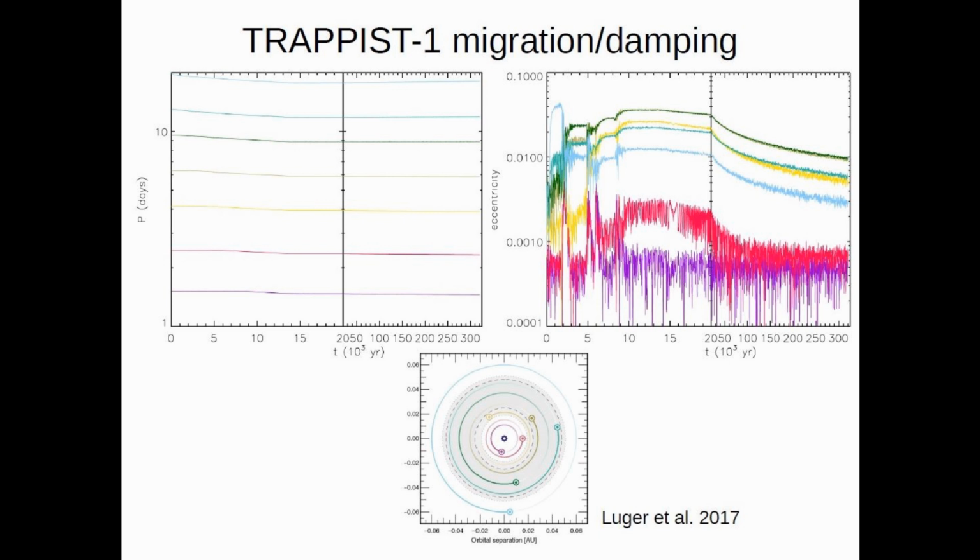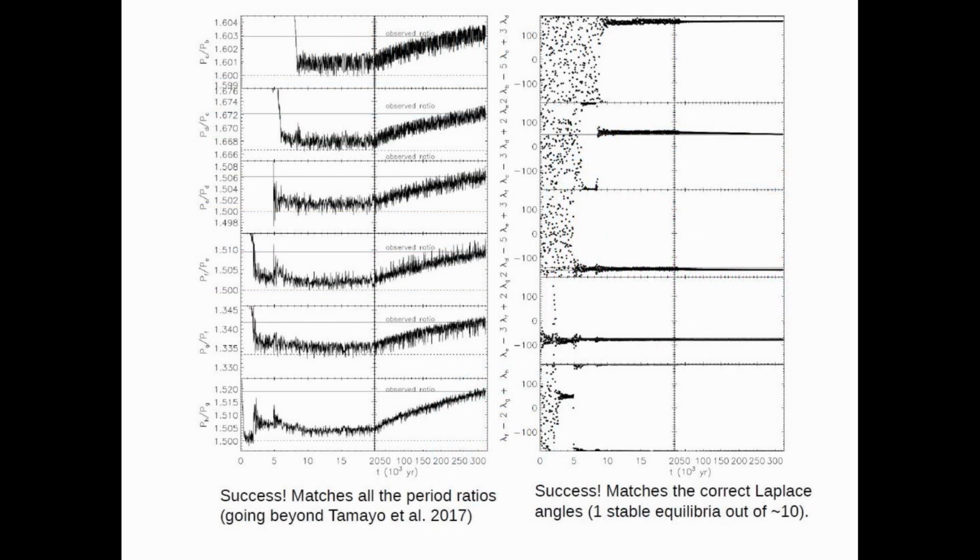So that's this plot. And what's more, we can in the simulation derive the three-body angles, and those almost completely, it's not perfectly clean, but almost completely match with the data.